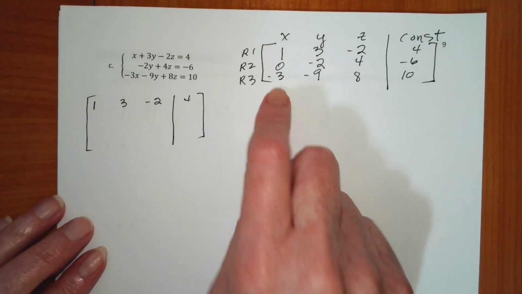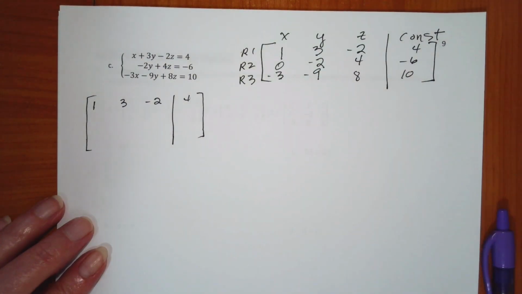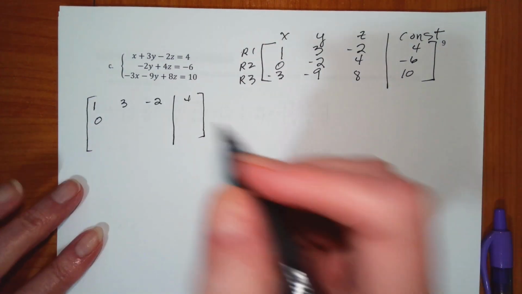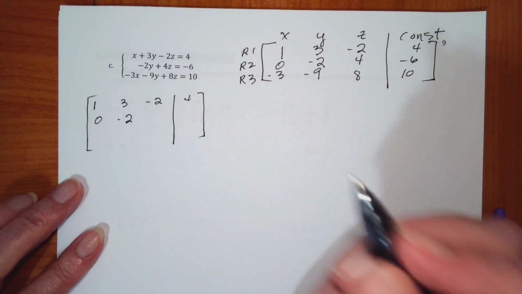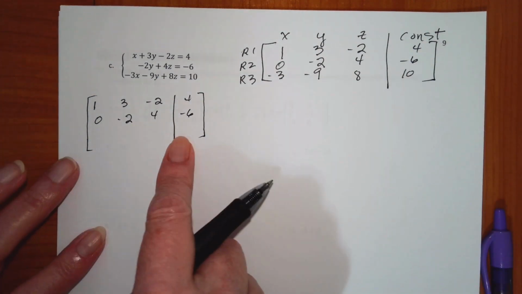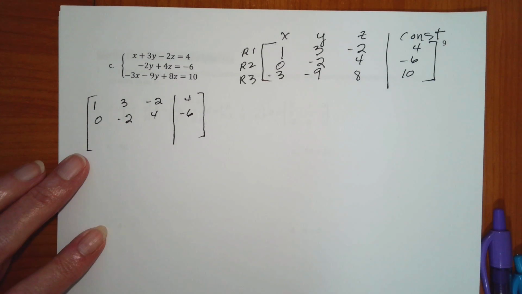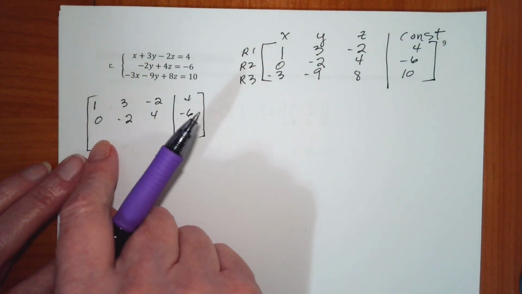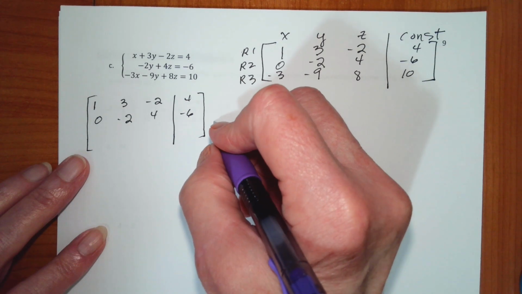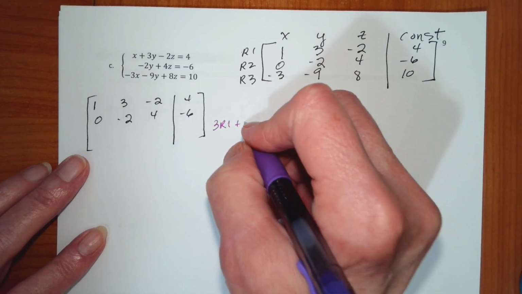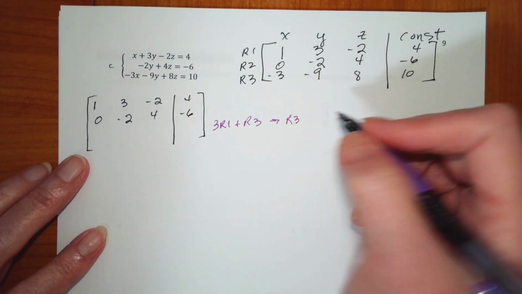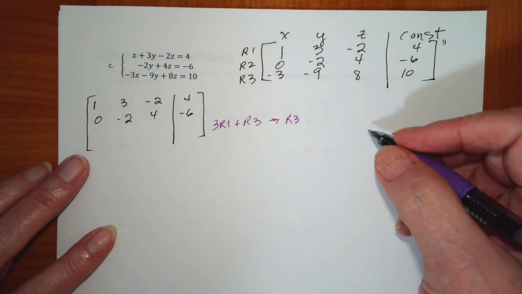Let's get the 0 here first. So we'll leave this one alone for a minute. I'm going to work with row 3: 0, negative 2, 4, negative 6. I need a 0 here. So if I take 3R1 plus R3 and put that into R3, then it'll give me what I want.